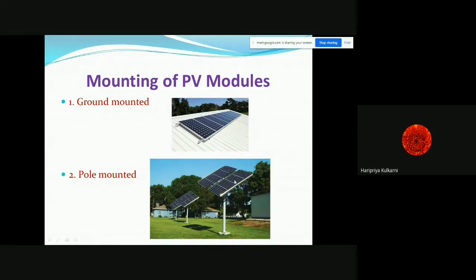Otherwise, you can fix it at a specific tilt angle wherein we get the maximum amount of solar radiation throughout the day, and you will get better efficiency as compared to a flat fixed one. This is fixed, but not flat, it is tilted at an angle, and that angle is adjusted with the help of a pole arrangement. So it is pole mounted.